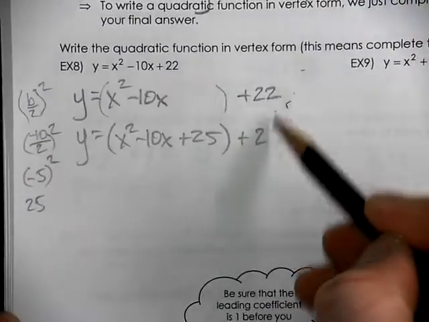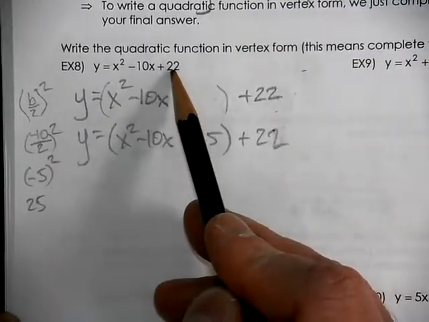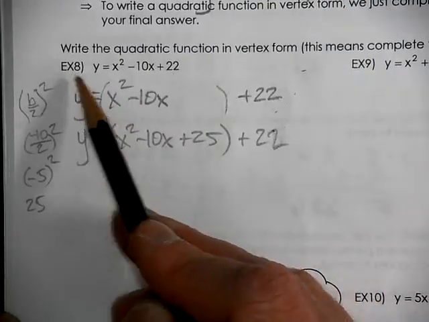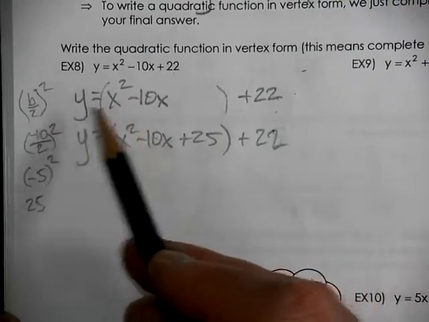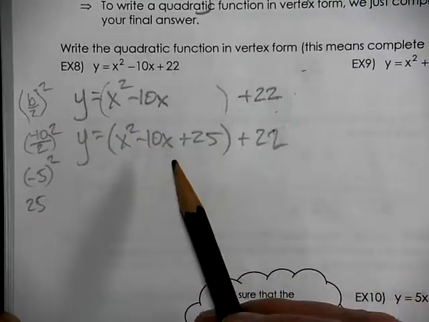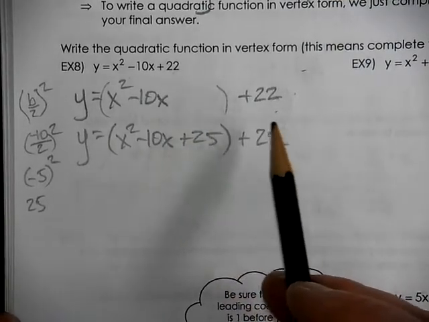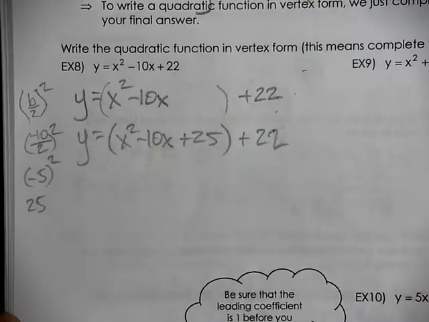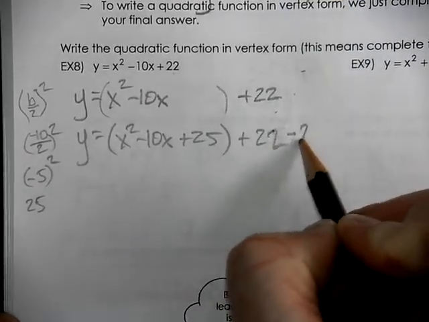Isn't that 22? So since I didn't subtract the 25 to the other side, I don't have other numbers over here, so I don't have to keep it balanced on that side. I have to keep it balanced all on the same side. So if I add 25 to the right side, what else do I have to do to the right side to keep it balanced? You would have to subtract the 25.